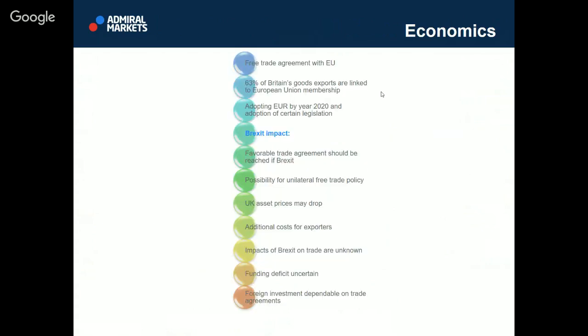Okay, so for economies, guys, they definitely need to renegotiate a free trade agreement with the European Union.